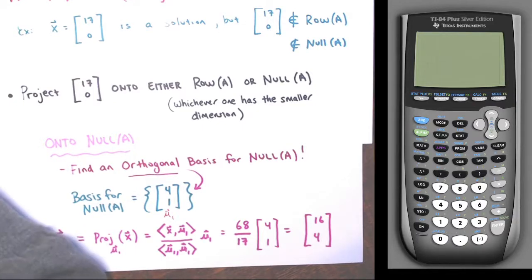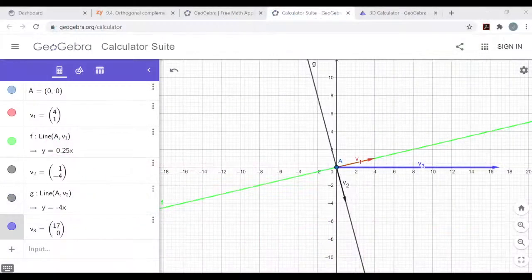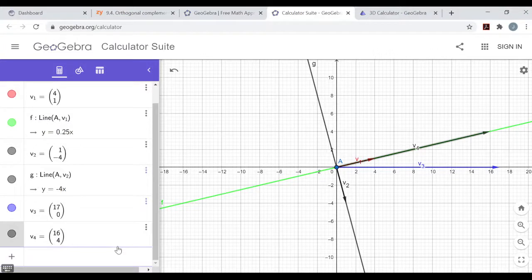Let's take a look at that. Go back to the website here. I'm going to put in the vector 16, 4. You see that that's on the null space, this vector that just popped up.